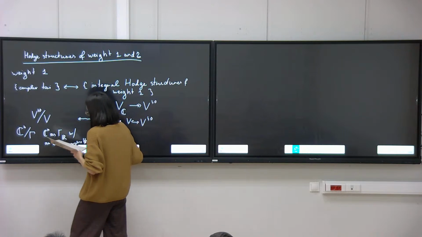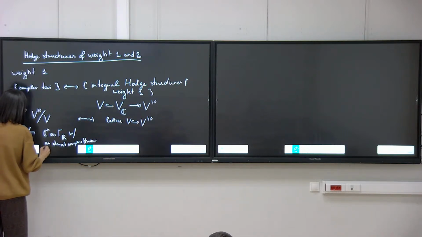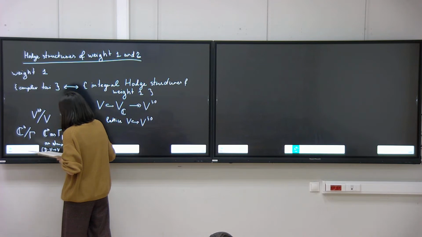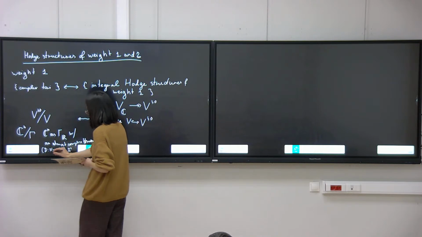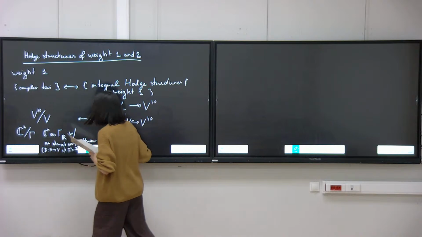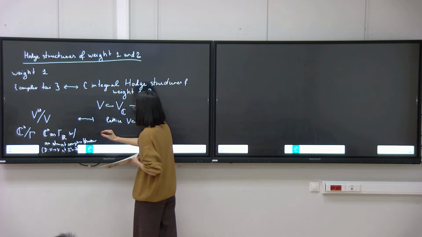Let me recall that an almost complex structure is an endomorphism of a real vector space such that its square is minus identity.